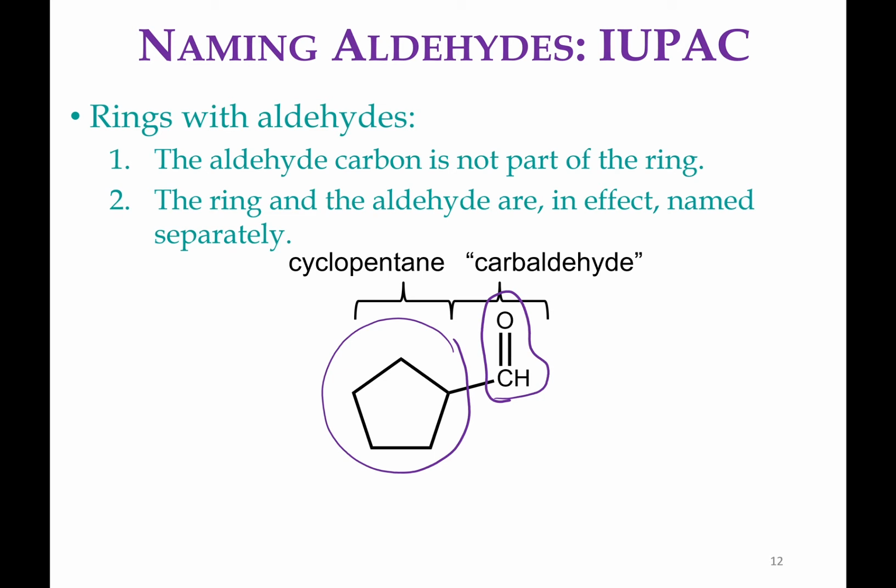I've done both, but we'll go with carbaldehyde. So then you just push them together. So cyclopentane carbaldehyde. There you go. Rolls right off the tongue, doesn't it? So that's just basically naming the ring as a substituent, but we don't change the ending like it's a substituent. So you just name them both and put them together.